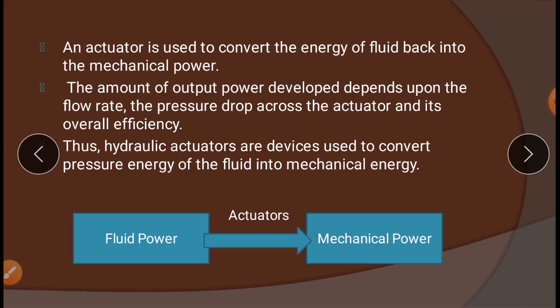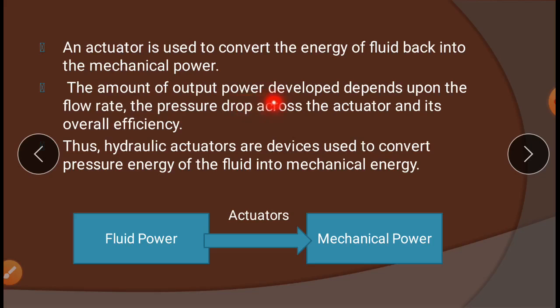Because of that dynamic state, the liquid gains some pressure. So that pressure energy is going to be transmitted from one point to another. That pressure energy is going to be harnessed, it should be taken for some useful work. So that conversion of that fluid power into a mechanical power is done by the actuators.